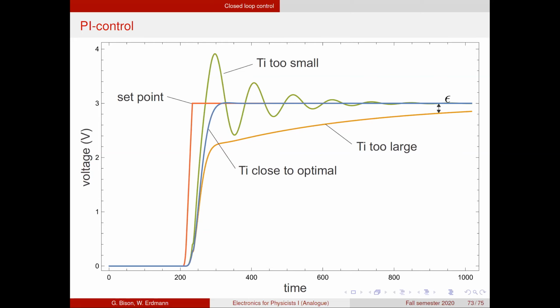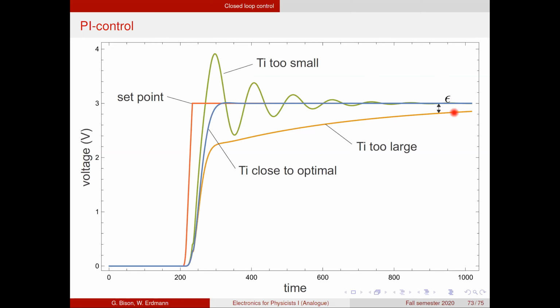So what the integral part does is it integrates all the error voltage that we had between here and here. And then at some point it says, okay, this sums up to a sizable contribution. And then it continues to integrate, and you see the error voltage becomes smaller and smaller.